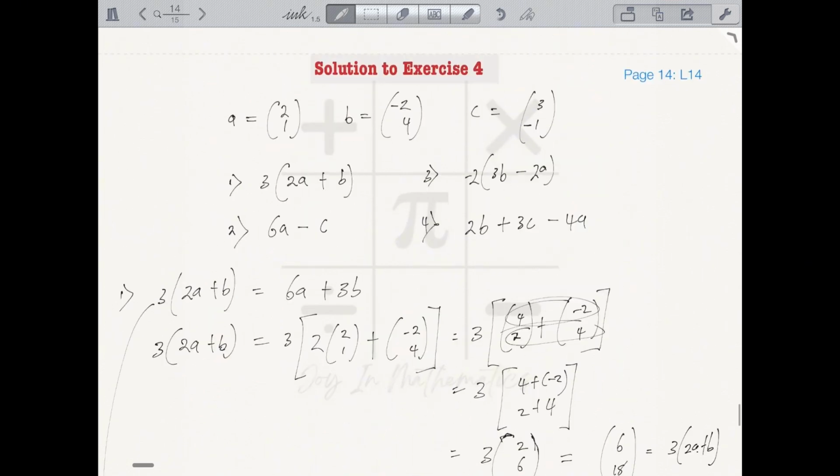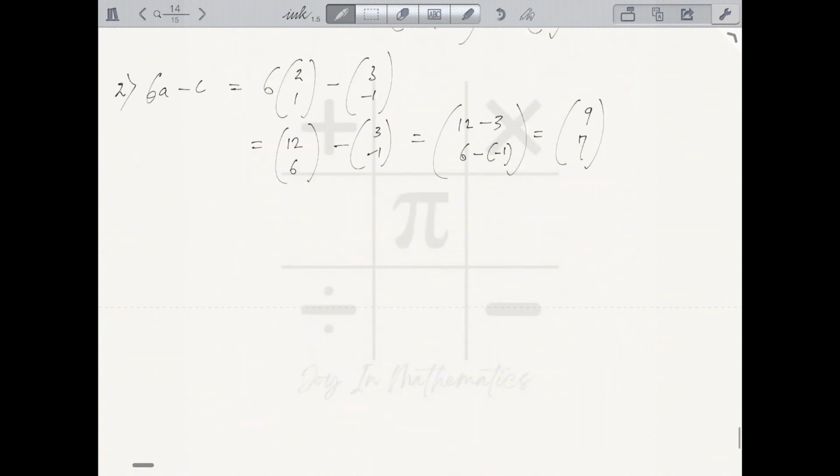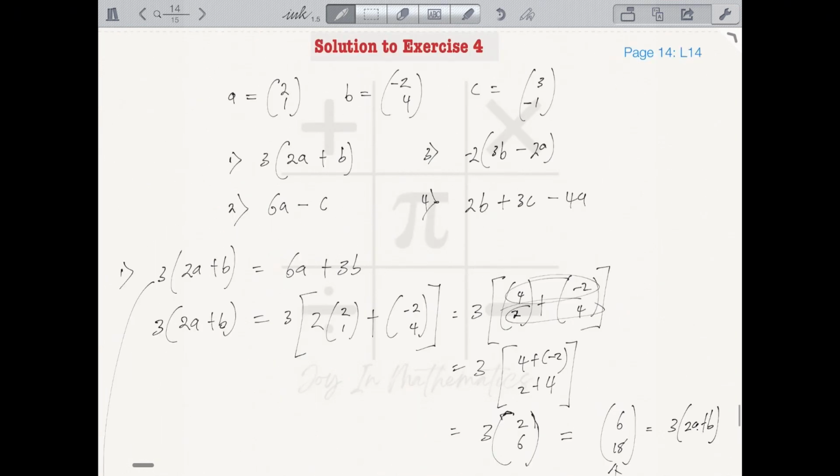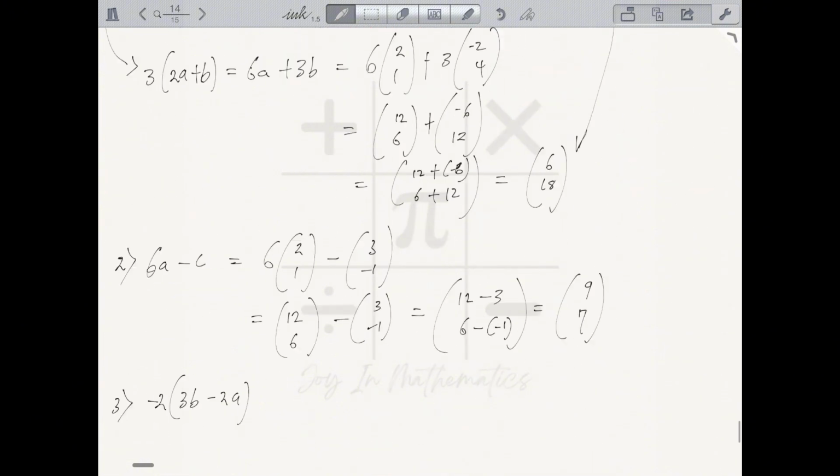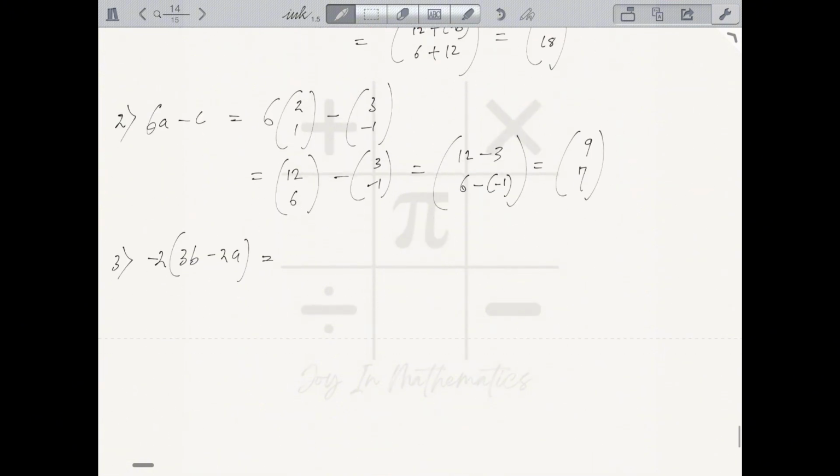Let's move to question 3. We are asked to evaluate -2(3b - 2a). Now what is our b? We have to choose how we can simplify.